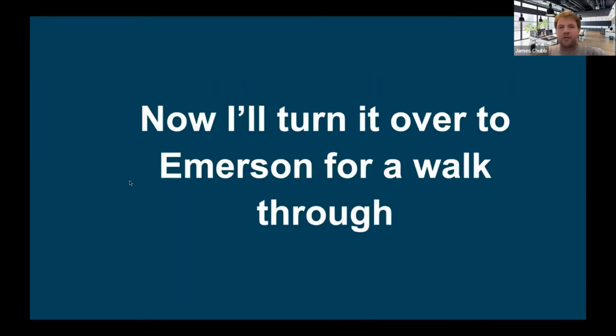And now I'll turn it over to Emerson for a walkthrough. Okay, thank you, James. So I'm going to show you quickly how to create an account and a container inside Google Tag Manager, and also how to integrate your container with eDirectory. So let me share my screen.